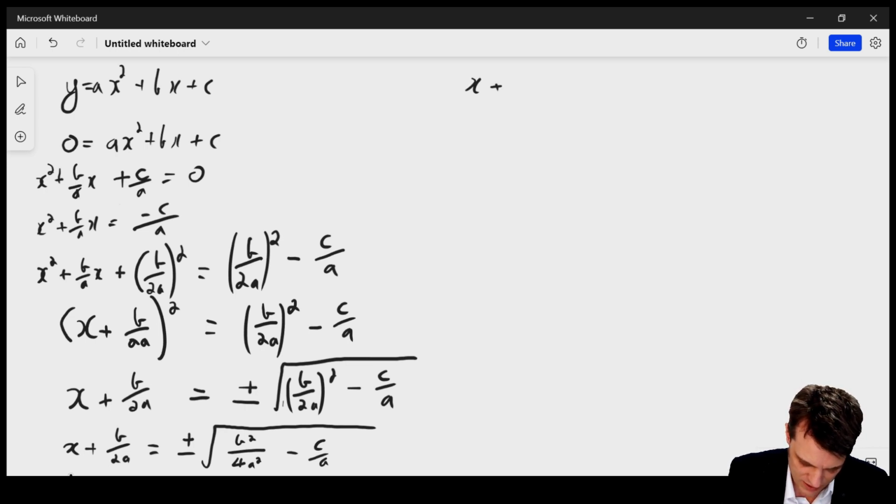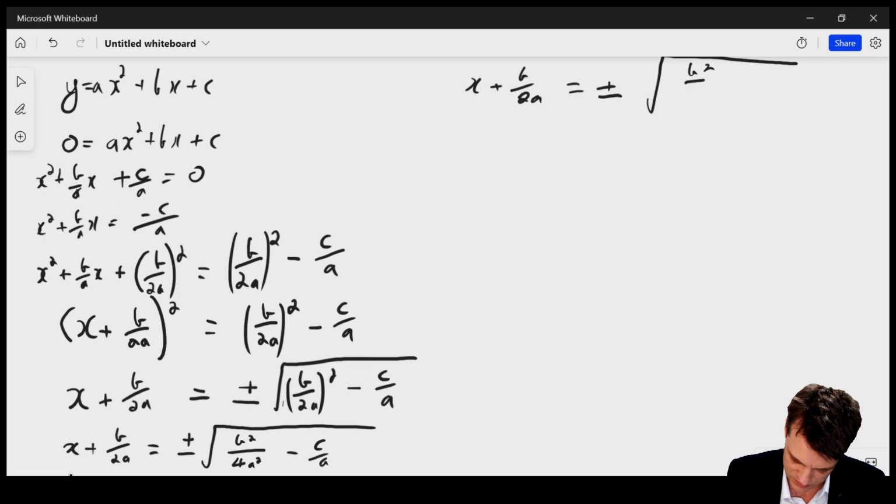Continue on the other side of the page: b on 2a equals plus minus, and we want to put all of this over a common denominator. So the square root of b squared on 4a squared minus 2ac divided by 4a squared.